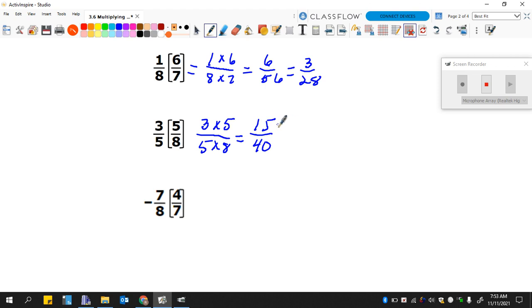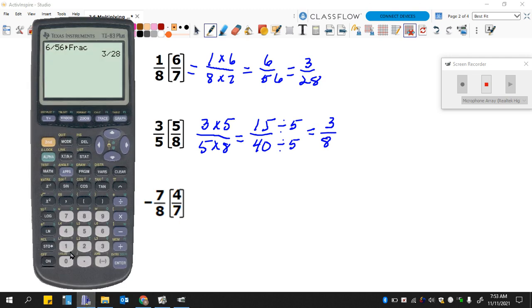For these numbers, we know that 5 goes into both, so we divide by 5, and we end up with 3/8. We could also do that using the calculator: 15 divided by 40, math, enter, and you see that it came out as 3/8.